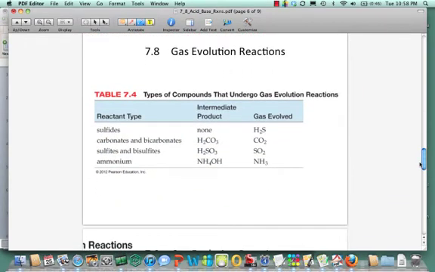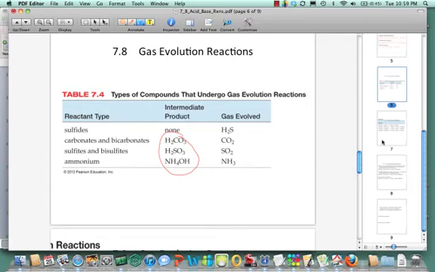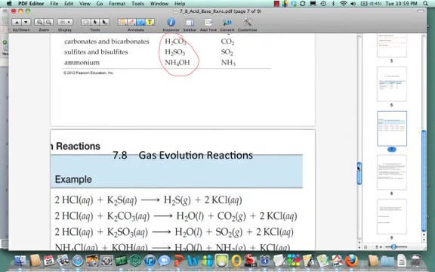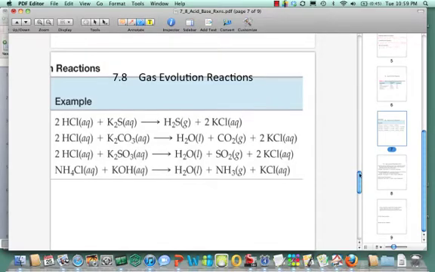Okay, some acid-base reactions occur and produce what are called intermediate products. Some intermediate products that you should know of that evolve gas are carbonic acid, sulfites, and ammoniums, like ammonium hydroxide. Okay, so let's look at some examples of some gas evolution acid-base reactions.